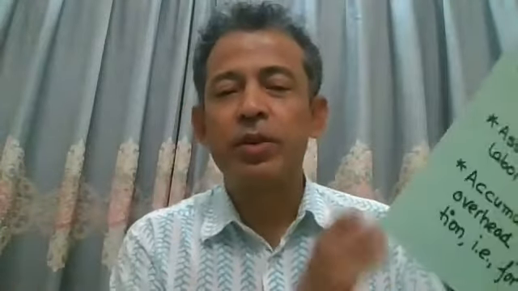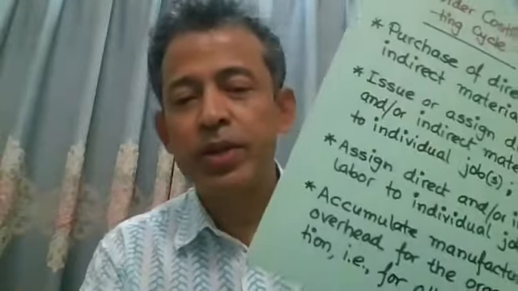Because once the job is complete, it's not going to be in work in process anymore, because all the work associated with the job is complete. Now it's ready to go to our finished goods warehouse, to finished goods inventory. And then once sold, transfer the job from finished goods inventory to cost of goods sold.